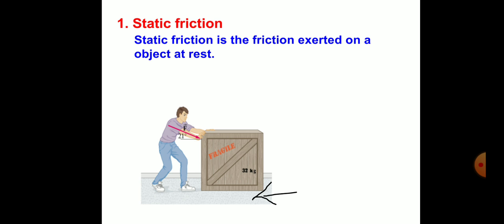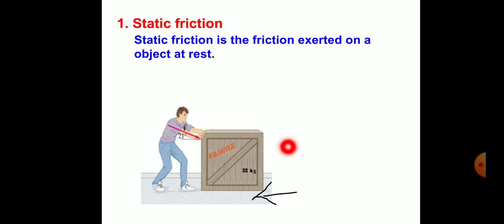If the man exerts more force compared to this frictional force, what happens? The box starts to slide over the surface, moving in this direction. The box starts moving, that means it starts sliding over the surface.